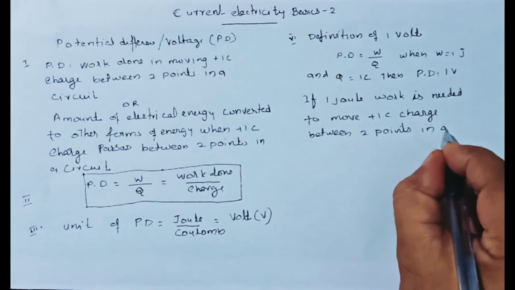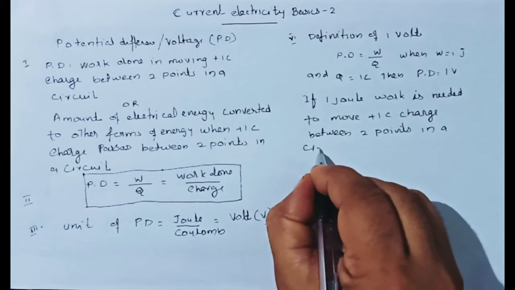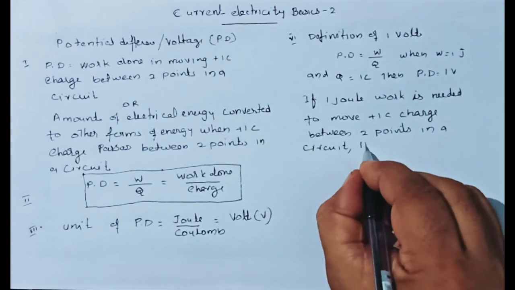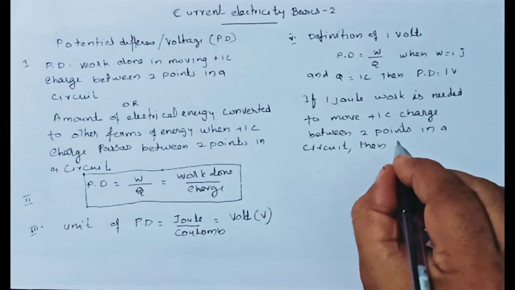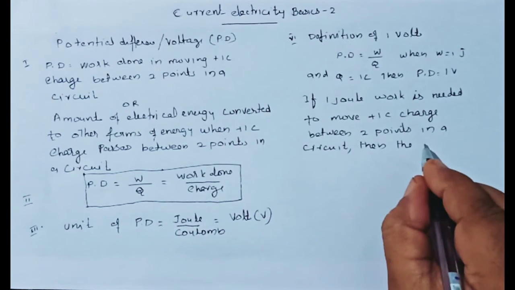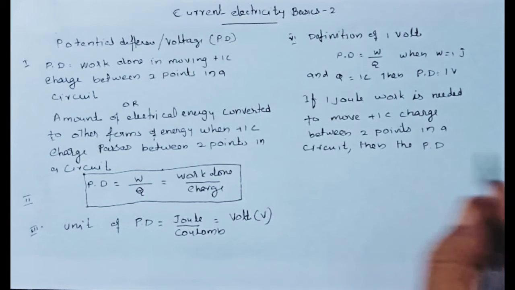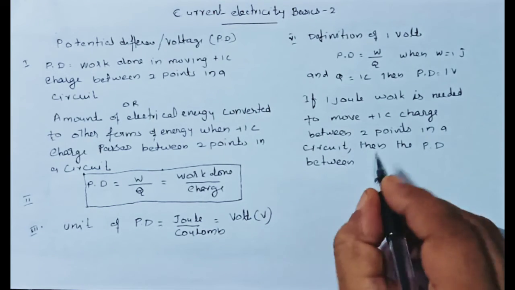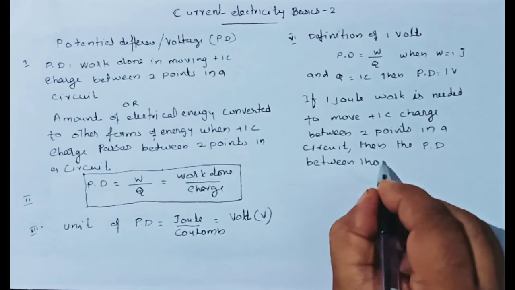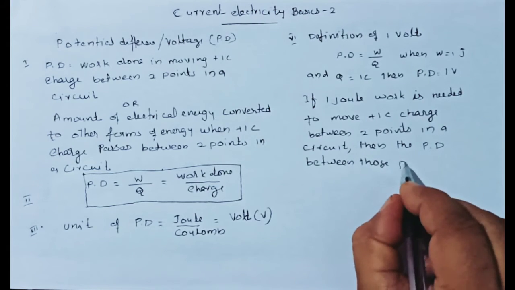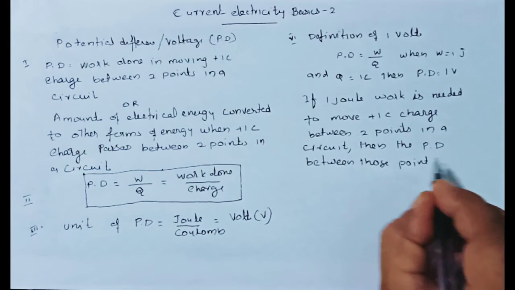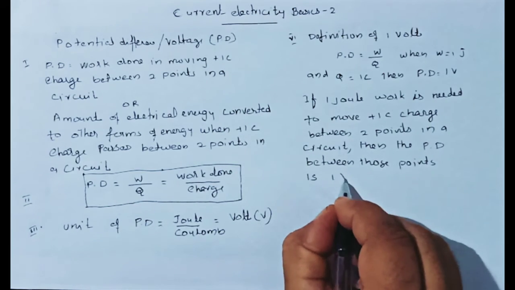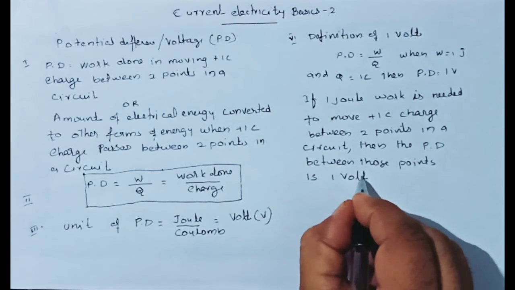Either way, you get the potential difference between those 2 points. So get familiar with those definitions of joule. So that's 1 volt.